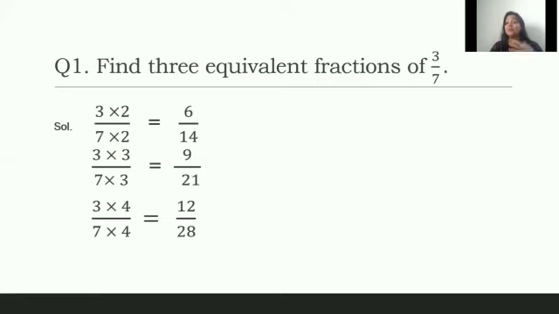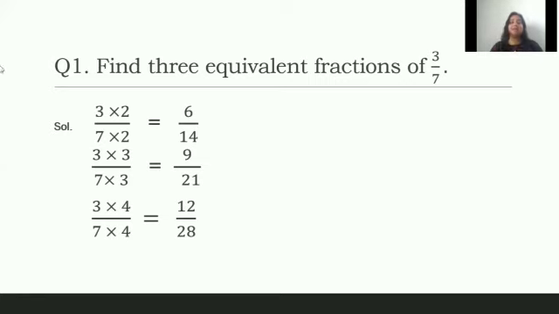Now, how to mathematically find the equivalent fraction of some given fraction? Let's suppose I have a fraction, and that is 3 by 7, and I want at least 3 equivalent fractions of it. So I'll take 3 by 7 and multiply the denominator and the numerator by 2. Why start with 2? Numbers start with 1, 2, 3, 4, natural numbers start with 1.